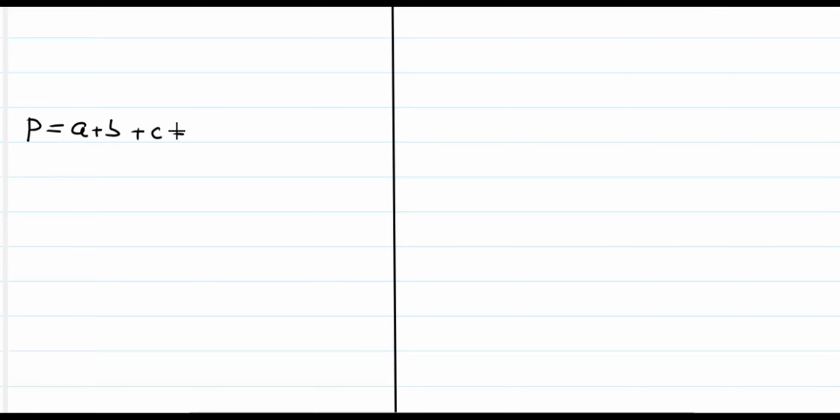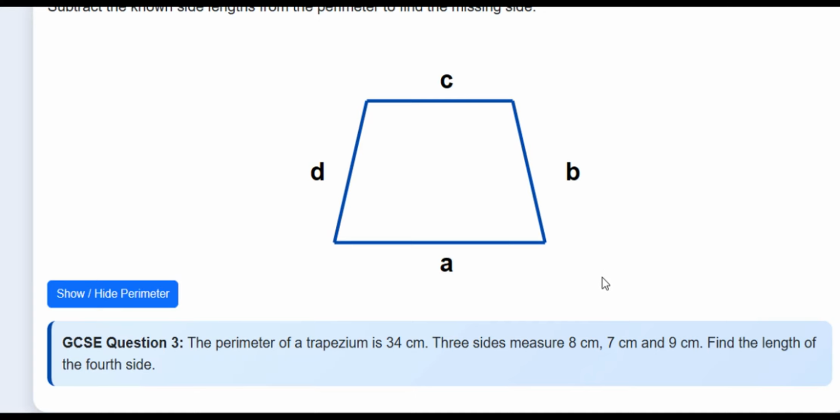In this case, we have one side we can call A, which is 8 centimeters. Then we have B, which is 7 centimeters. And we have C, which is 9 centimeters.